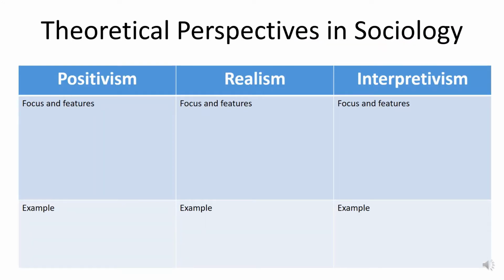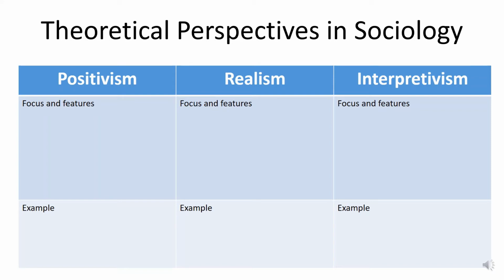Okay, let's move on to other bits that you need to understand to see the whole picture of research. Now, just like with the other parts of sociology, where we've looked at theories or ideas about how sociology should be, we've looked at functionalism and Marxism and postmodernism.